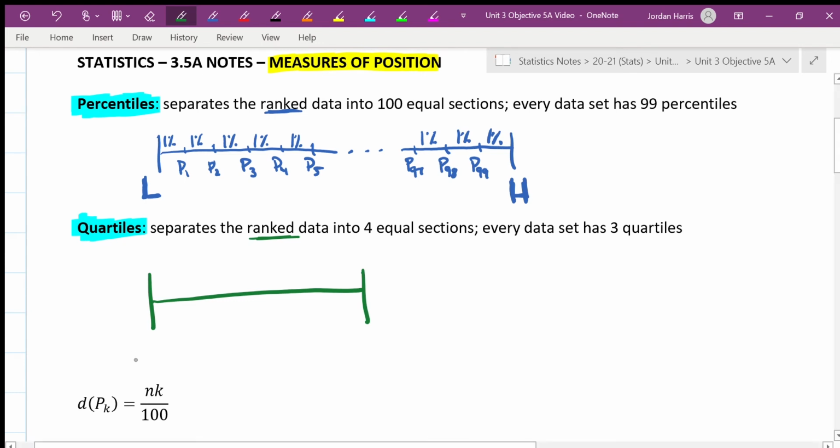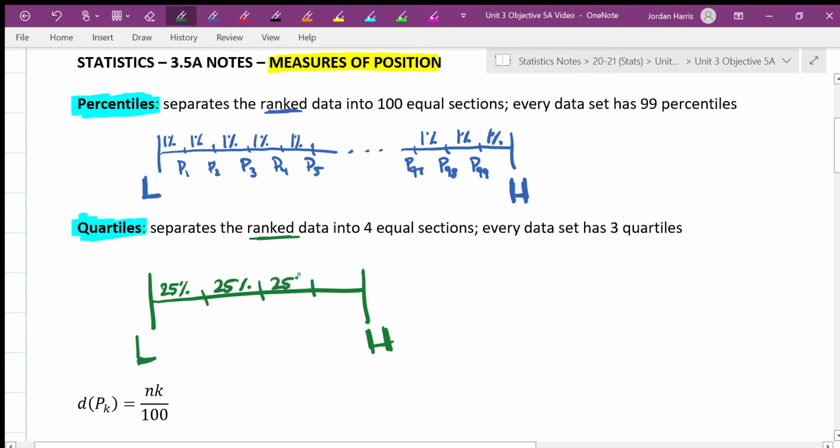So if we have the lowest number here, the highest number here, and we separate into 4 equal sections, I'm going to break this up. And you can see if I use 3 lines, I've created 4 sections. In this case, it's a quarter in every section.